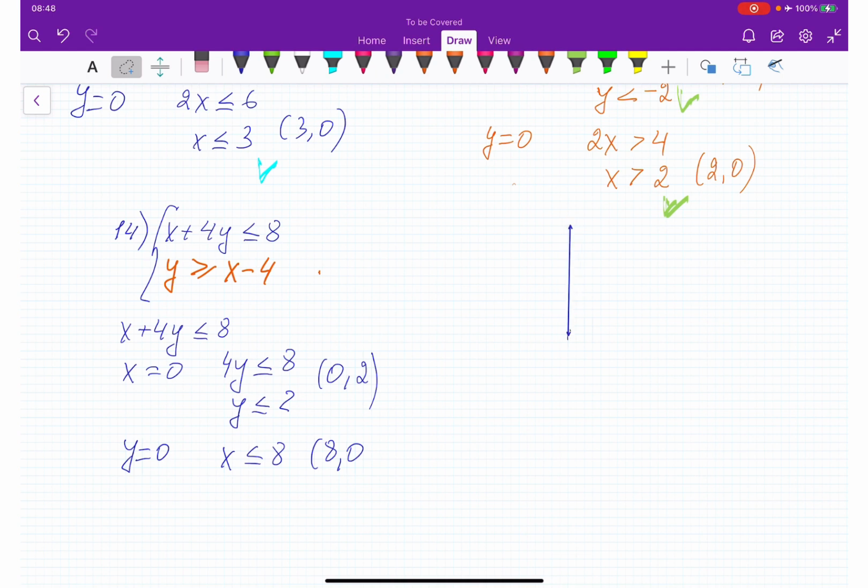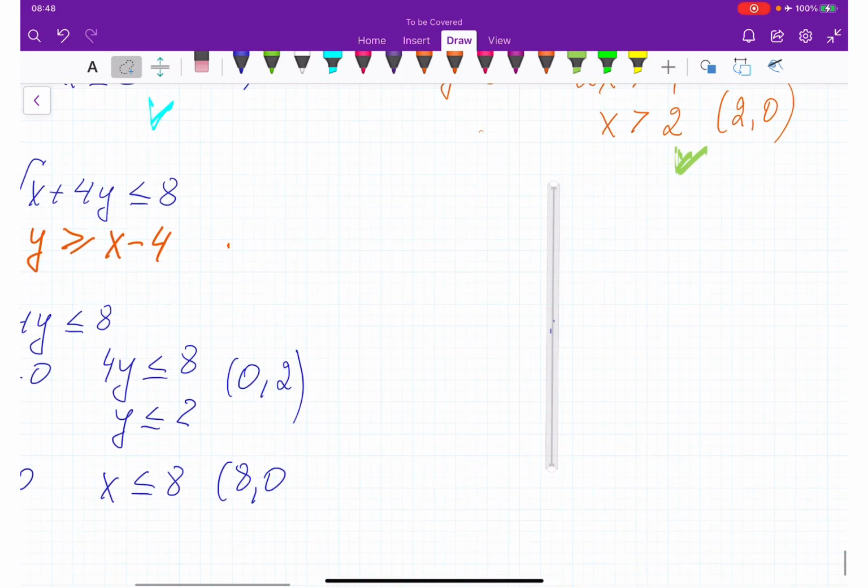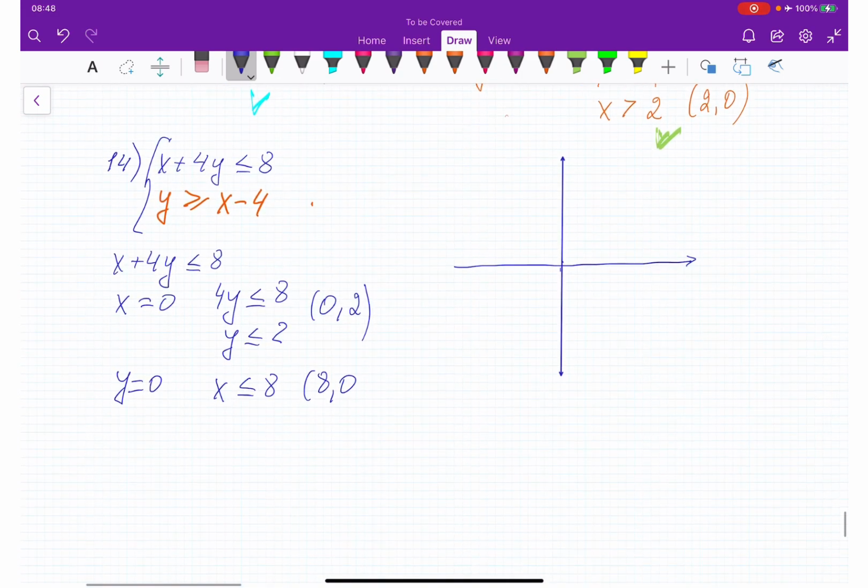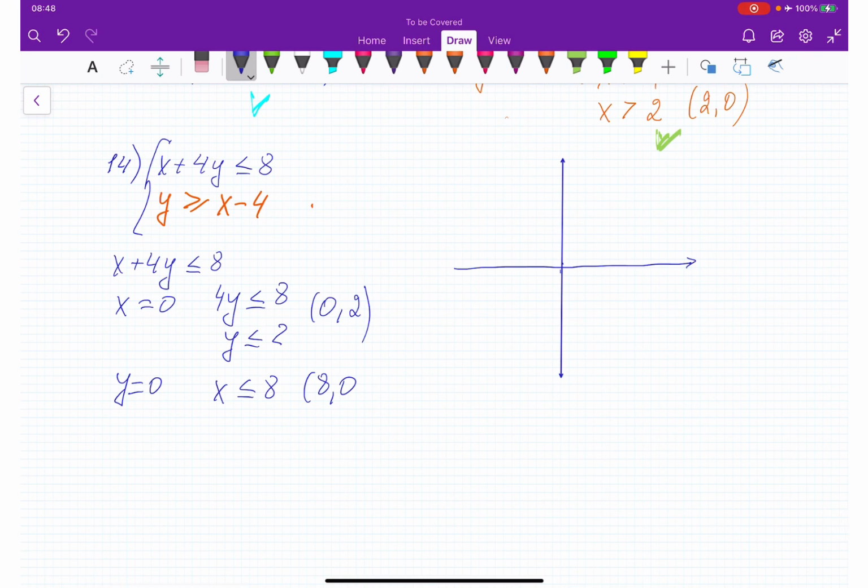This new update looks like it doesn't work well. Okay, this is one, and then the other one is going to go like this. Okay, so let's work on the second one.